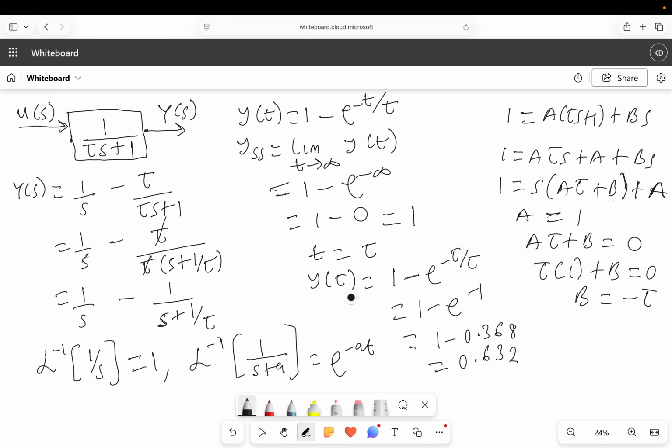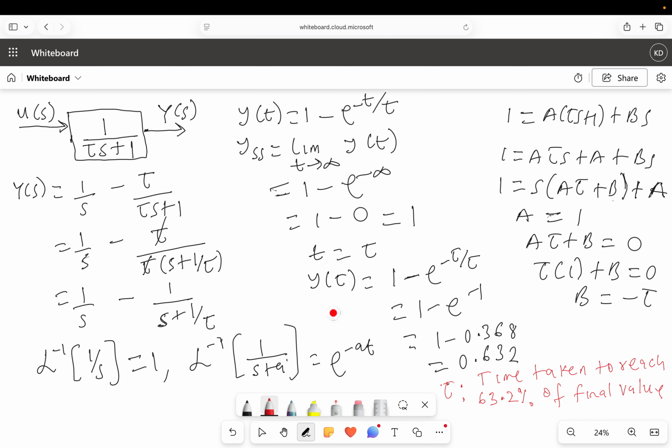So at the time constant, the amplitude is 0.632, and you can see the final value is 1. That is why the time constant is defined as the time taken to reach 63.2% of the final value.